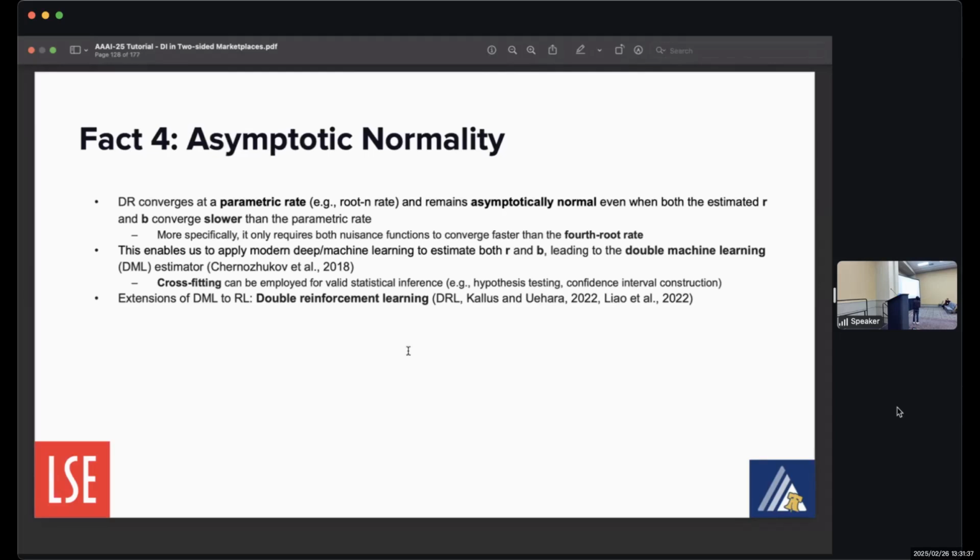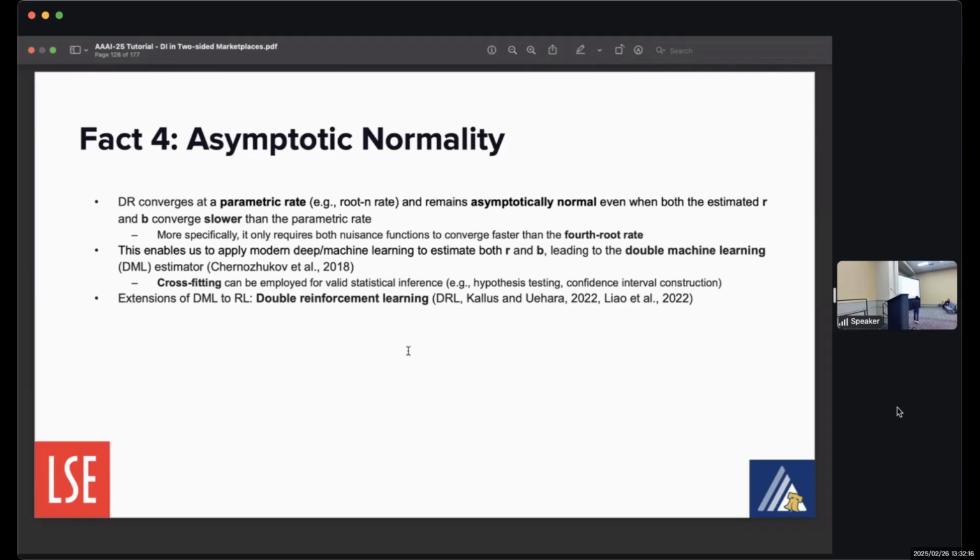Essentially, it tells us that the double robust estimator will converge at a parametric rate, which is the root n rate, and it remains asymptotically normal, even when the estimated reward function or the behavior policy converge at a much slower rate than the parametric rate. This enables us to apply modern deep machine learning methods to estimate both the reward function and the behavior policy, which leads to the famous double machine learning estimator, which has been widely applied in different applications.